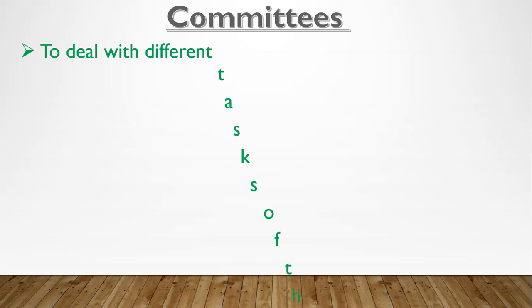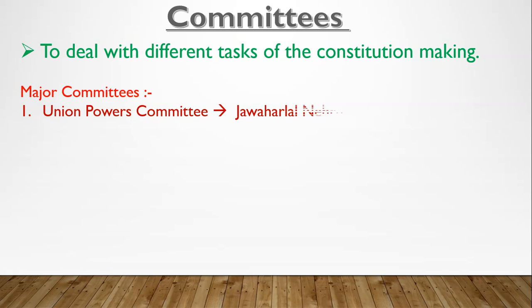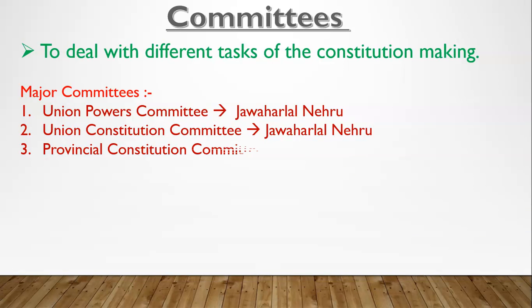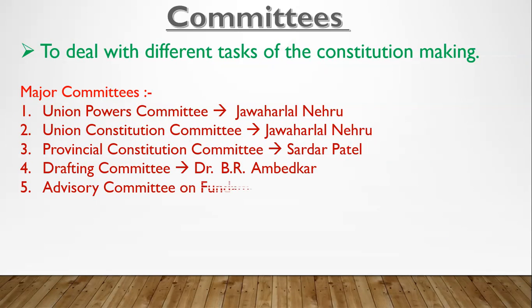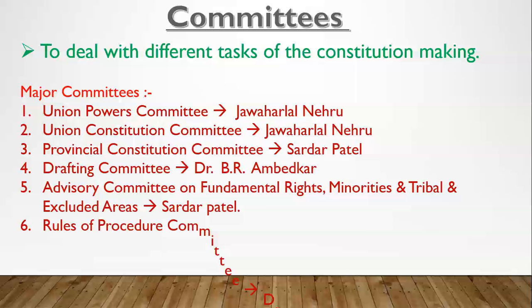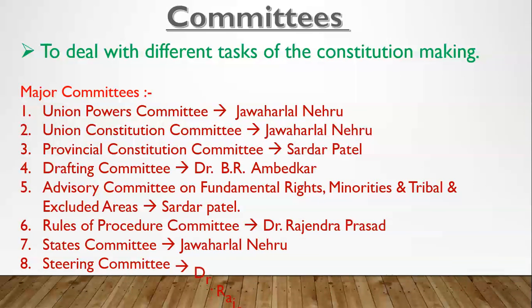Similarly, when the constitution was made, there were many committees. Now what was the role of these committees? What was the function of these committees? The function of these committees was to deal with different tasks of the constitution making. Whenever there is any function in your house, different tasks are handed over to different people. Similarly, when the constitution was being made, there were many different tasks.